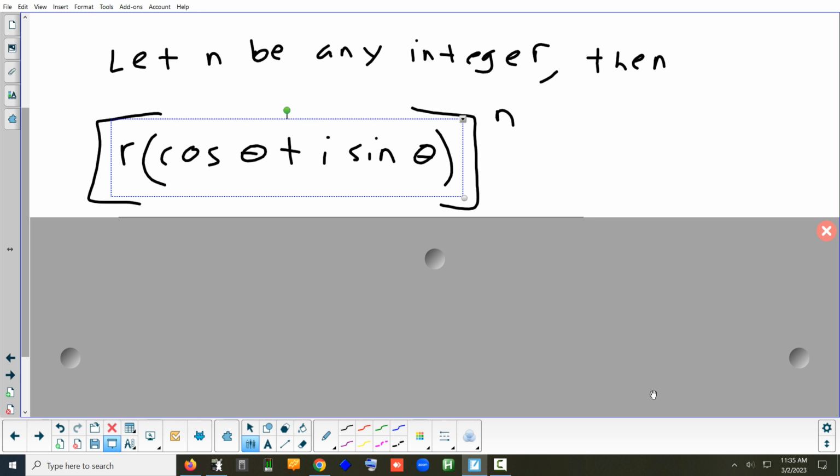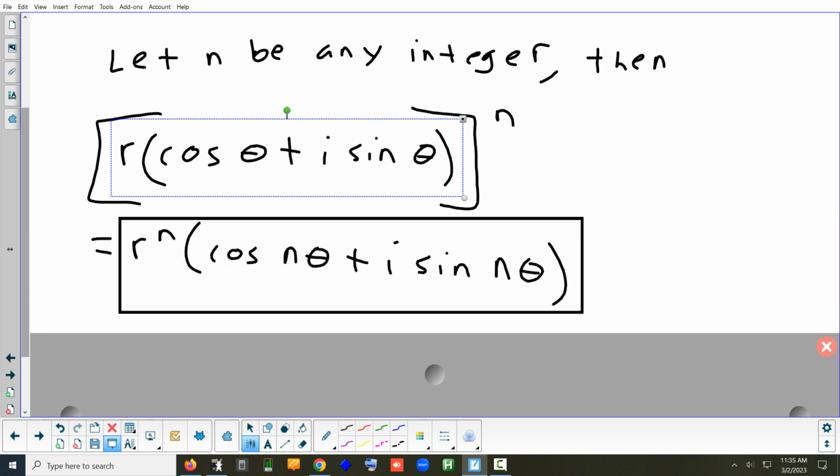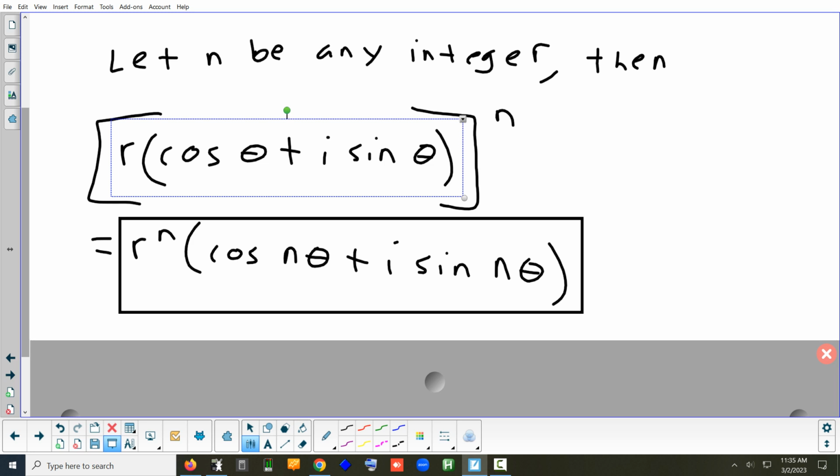Here's how you modify the original radius and the original angle to raise it to a power. All you have to do is take your radius, raise it to the power, and this time take your angle and multiply it by the power. That takes the place of having to write down n copies of what you want to multiply and then foiling it all out.